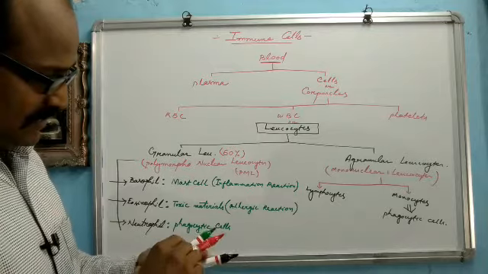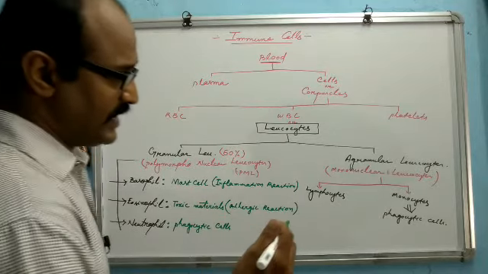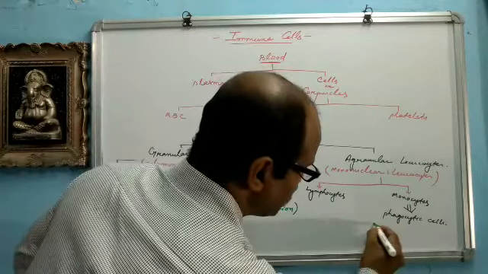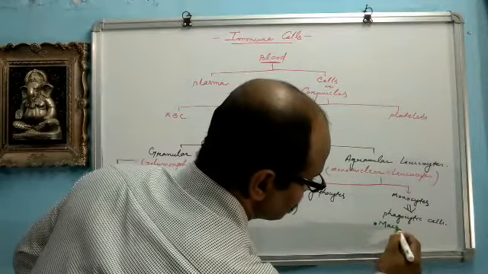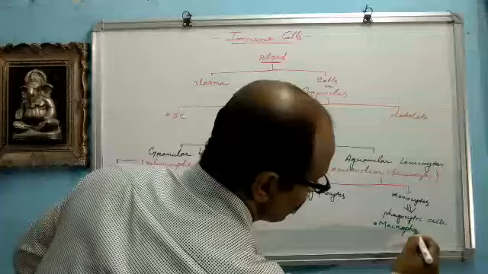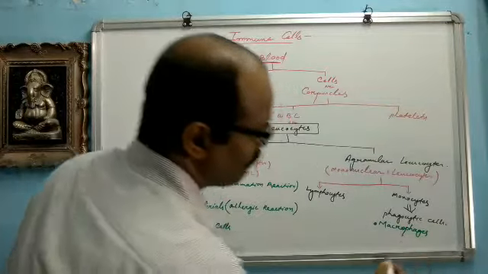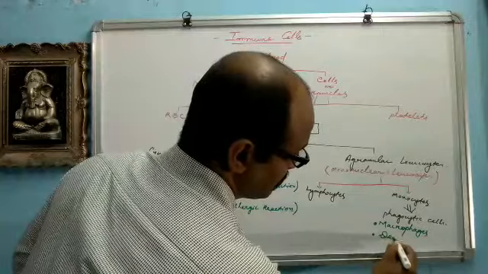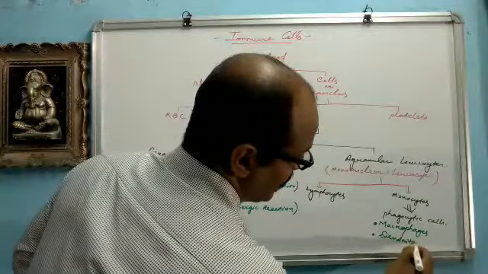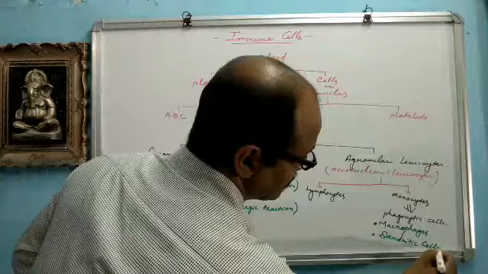Such monocytes are modified into macrophages and dendritic cells.